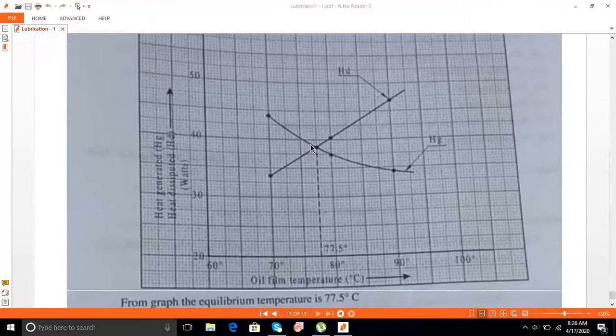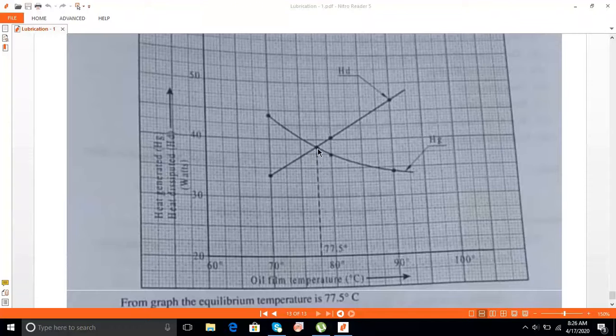The equilibrium temperature is where the heat dissipated and heat generated lines cross each other, where we get one equilibrium point. That is the point where the two data lines cross, and the corresponding temperature is 77.5.